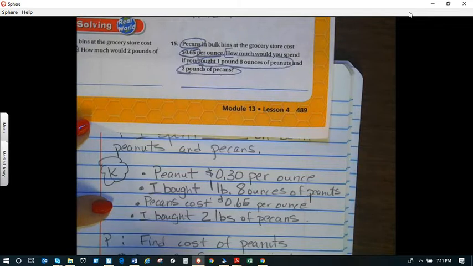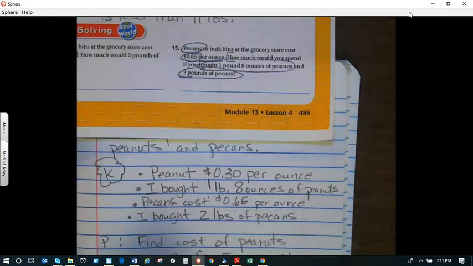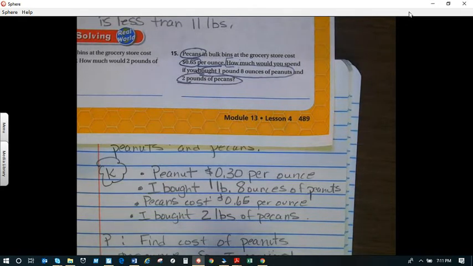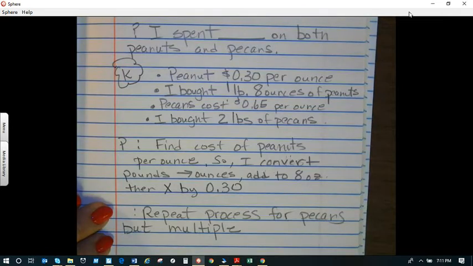Okay, and I'm going to do the same, repeat the process for pecans, but multiply what am I going to multiply? Oops, there you go. Sorry about that. Can y'all see that now?